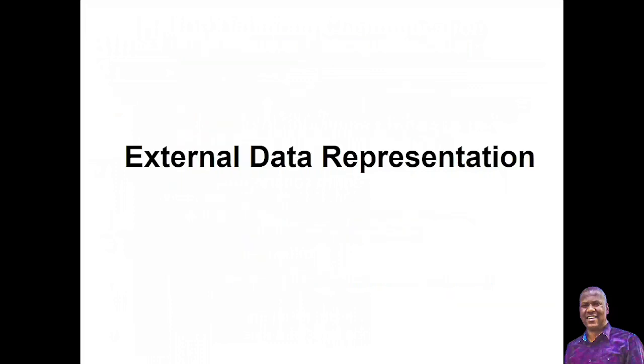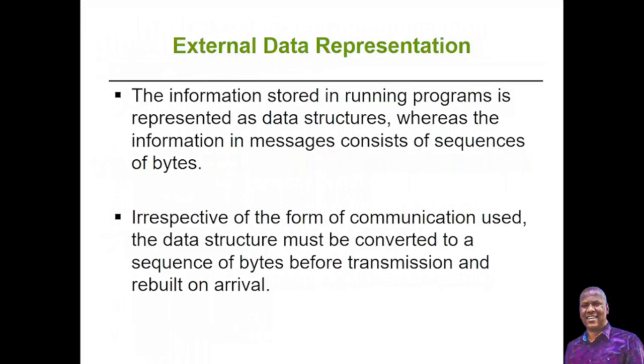Now, during communication between the two processes, we need to ensure that we understand how the external data is represented. The information stored in running programs is represented as data structures, whereas the information in messages consists of a sequence of bytes. When you look at how TCP and maybe UDP communicate, during transmission, messages are normally organized or represented in some format.